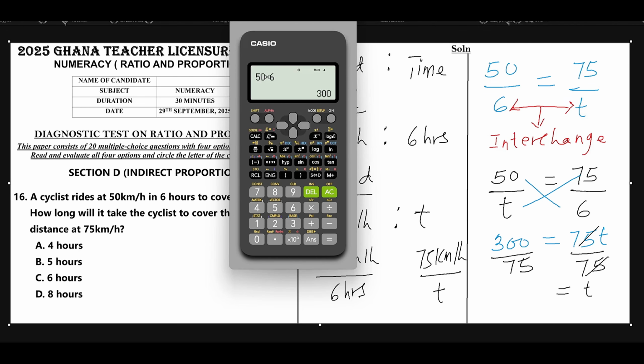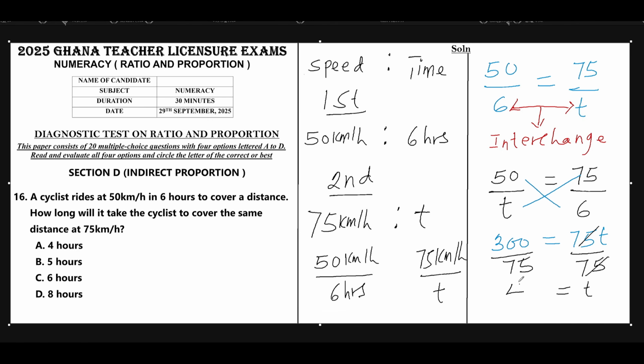So let's see, 300 over 75, we have 4. So the time is 4 hours. So we select option A.